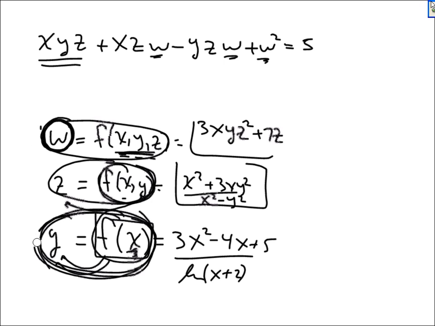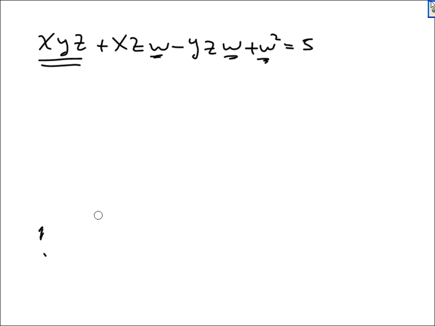So, let us first find w sub x. When they say find the first order partials in these 4 variables, x, y, z, and w, we have to find w sub x, w sub y, w sub z. Let's try to find w sub x. That is, we're taking the partials with respect to x. x and w are not constants.